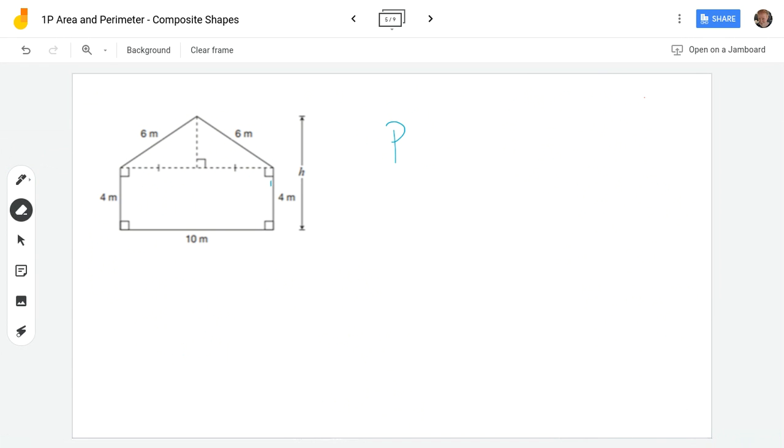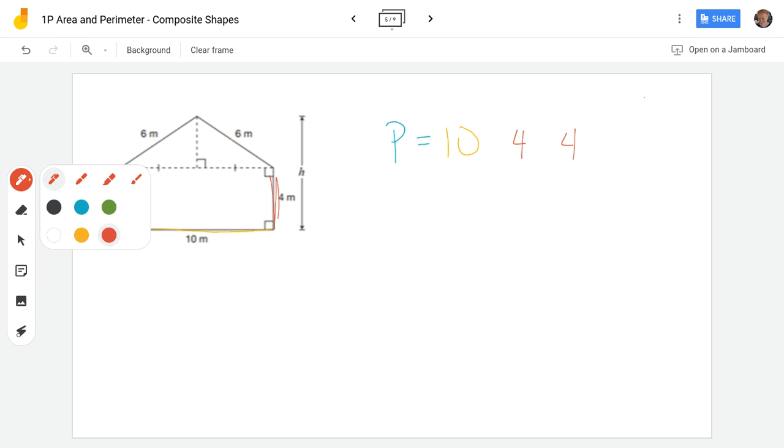So you'll notice this one has 5 sides. There is the bottom here. So I'm going to color code these. There's 10. We have 2 of these sides that are both 4 meters.